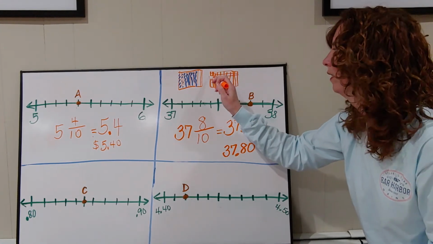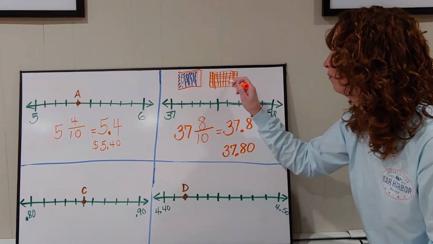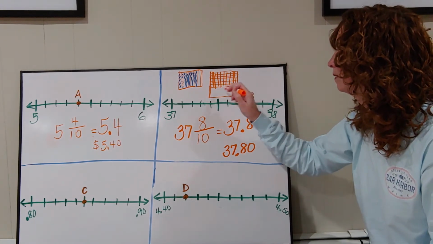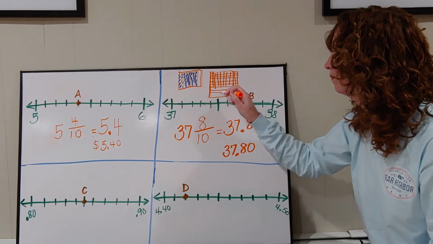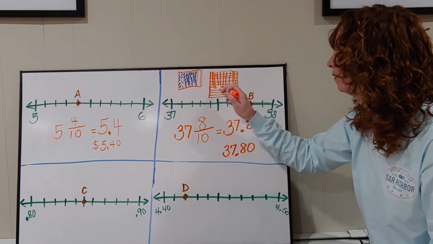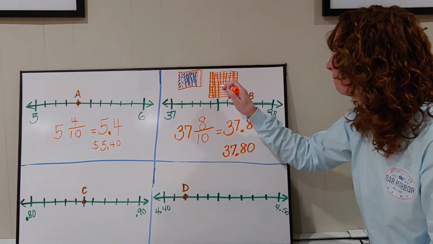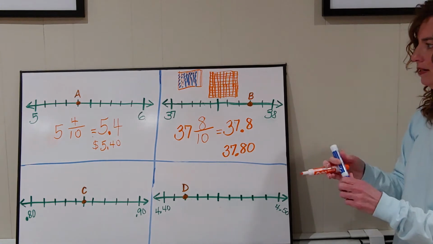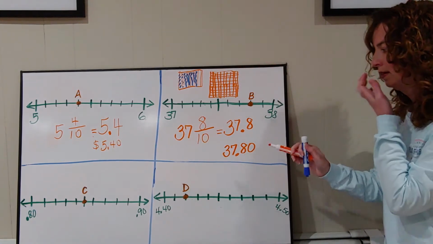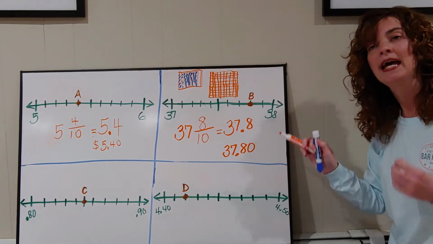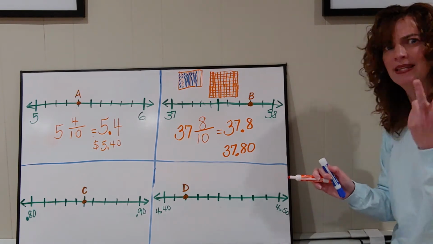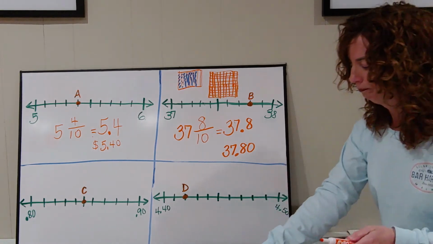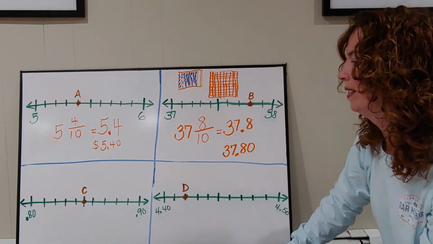This is sloppy, sorry. And then we do 80 boxes there, which would be 8 rows. So that's 8/10 is the same as 80 hundredths, which I think we did 2 days ago, right? I drew all the pictures, but I drew them in advance. Should be better. All right, let's look at our next one.